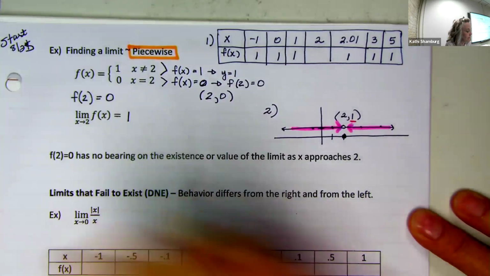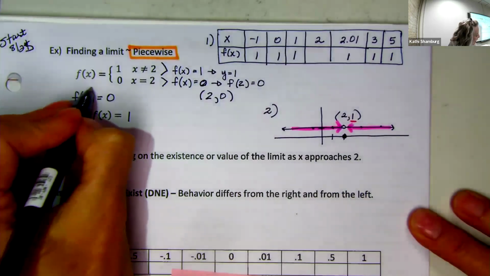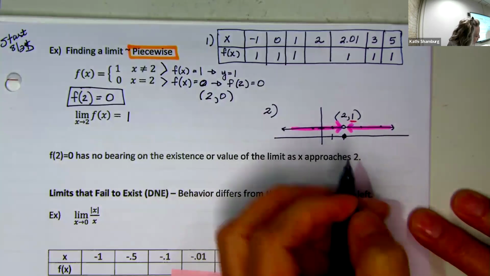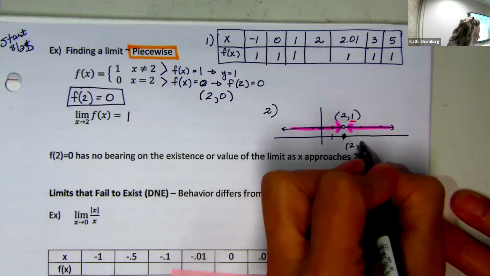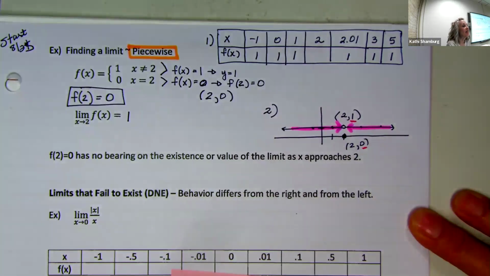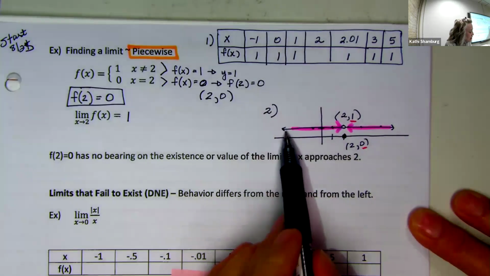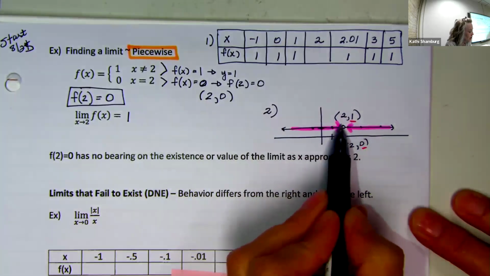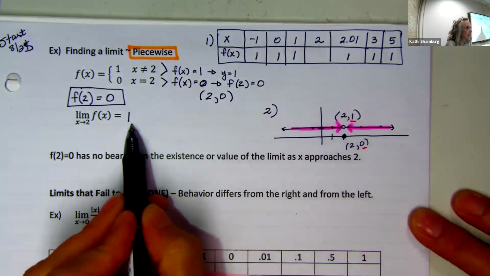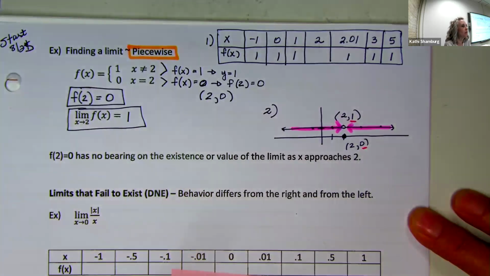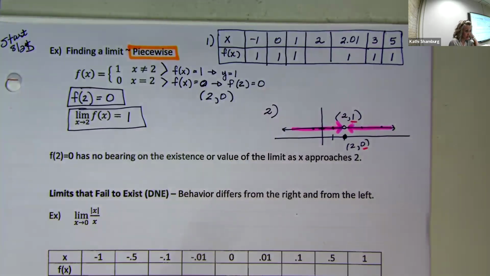So the limit is 1. So f at 2 is this ordered pair, (2, 0). That is why the answer to that question is 0. The limit says, what is this graph doing as it approaches from the left and the right? It's approaching the output of 1. The limit is a different question than what is going on at that number. That's a whole new concept, I know.